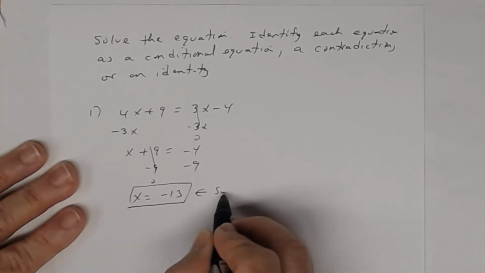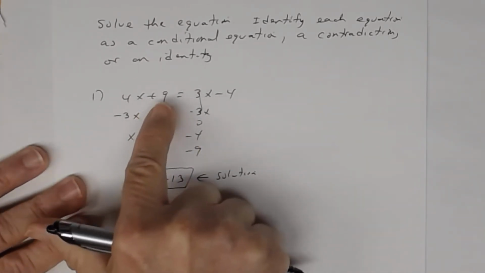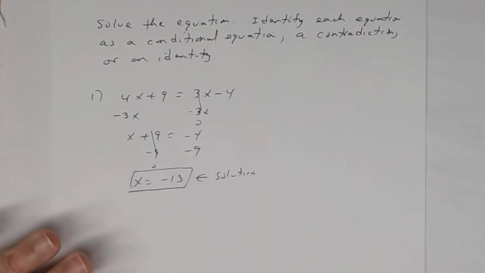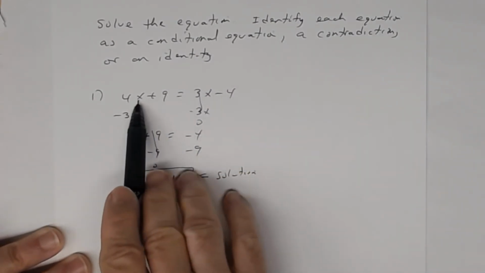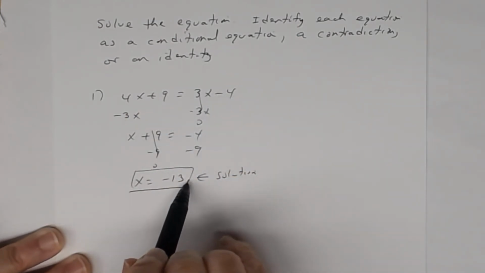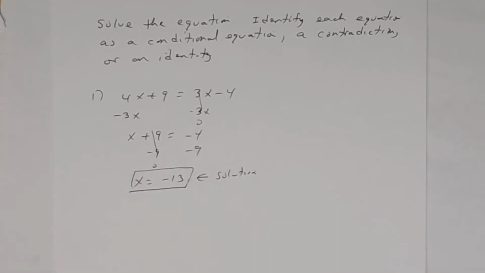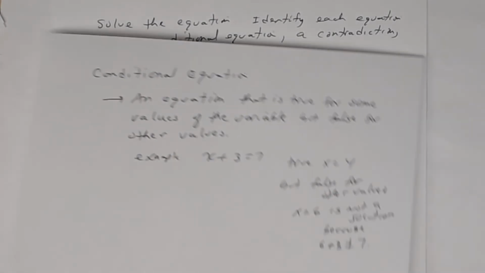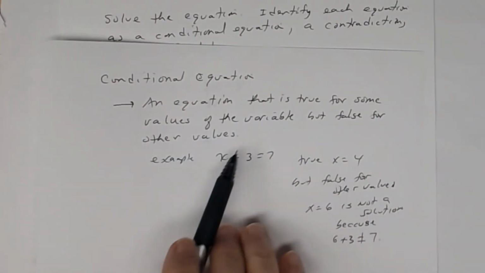Now, how many solutions do you have? Think about what we meant by conditional, contradiction, and identity. Notice that this equation is true for this value, but false for everything else. Those words came from conditional equation, an equation that is true for some values but false for others.